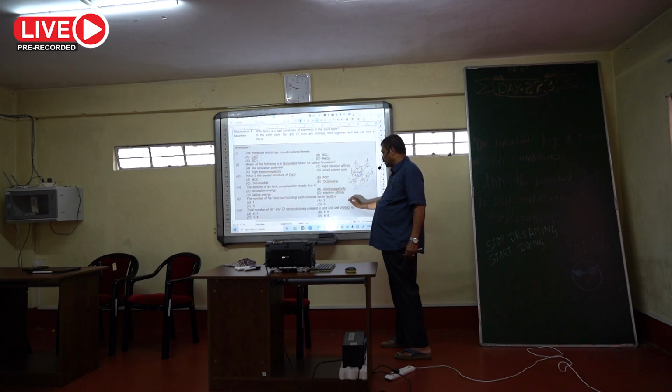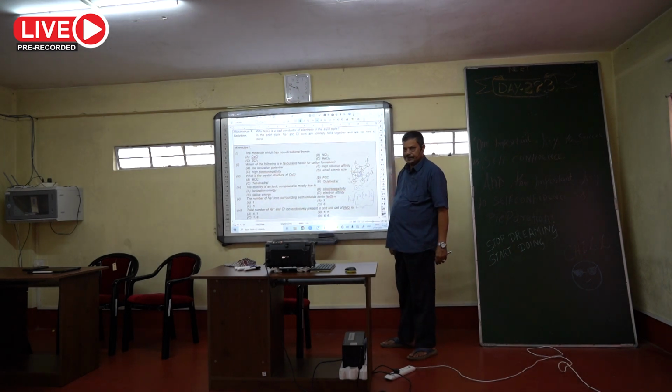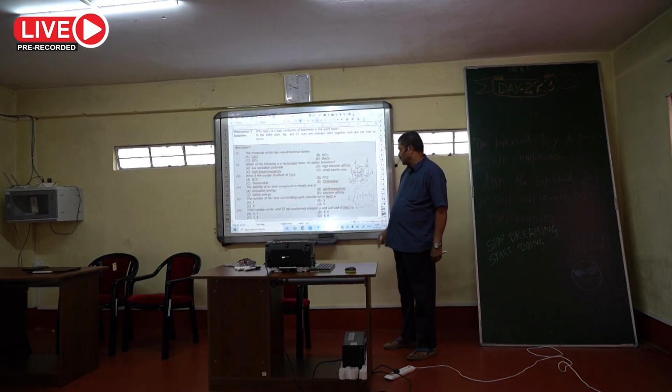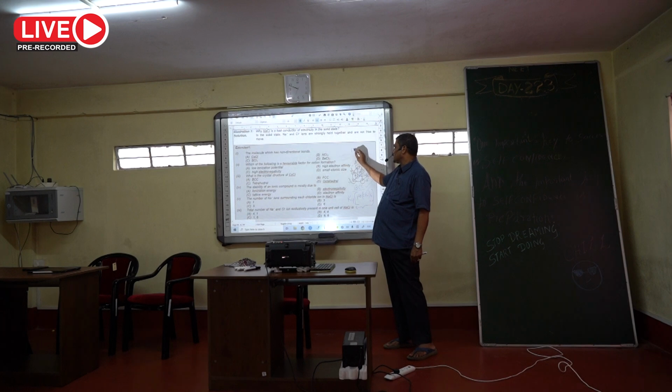Suppose K4[Fe(CN)6]. This part is called coordination entity. In this coordination entity, 6 cyanide ions form 6 coordinate covalent bonds with iron.